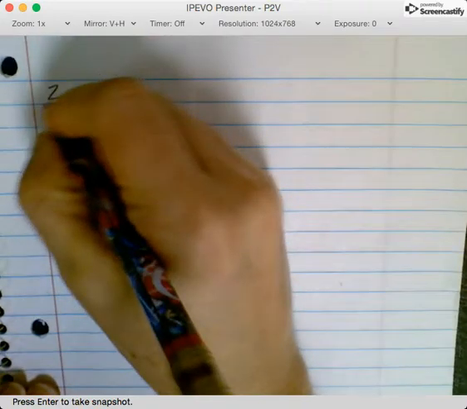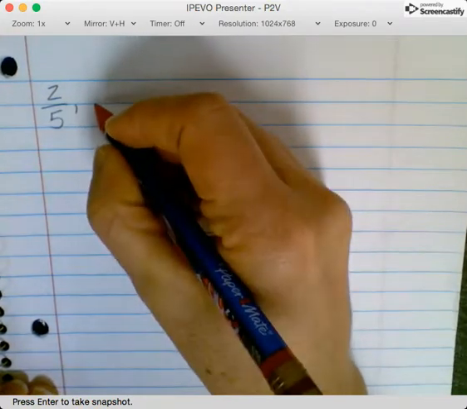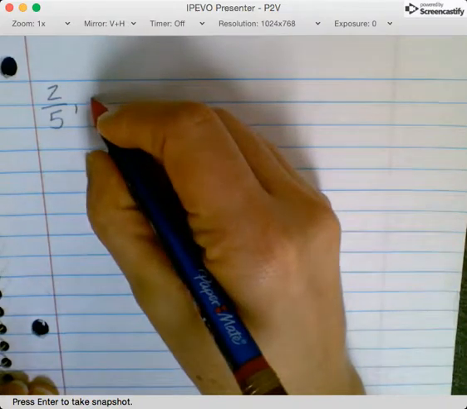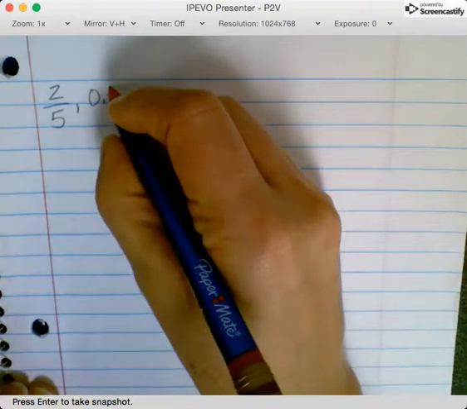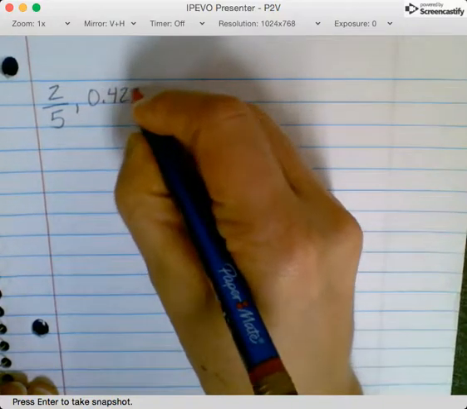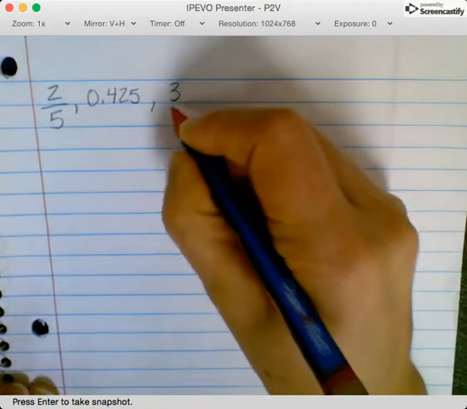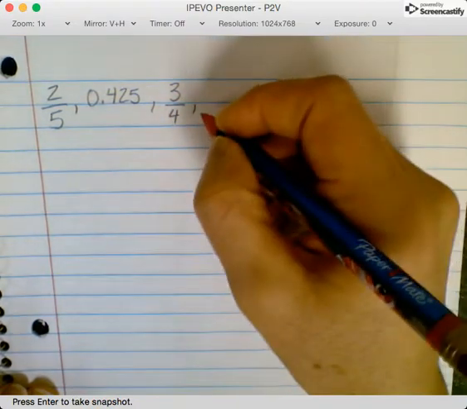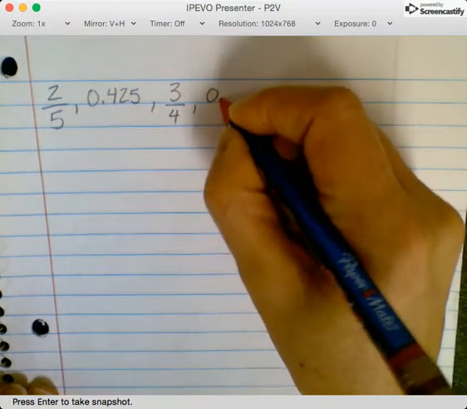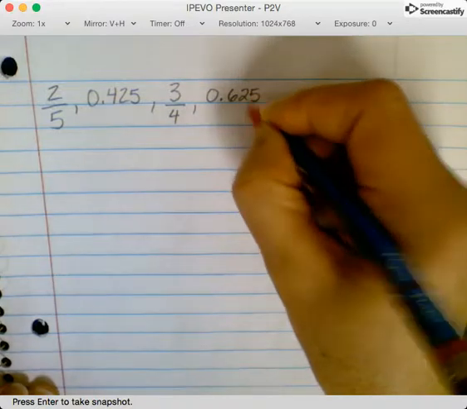For example, if I were given this list of fractions and decimals, so 2/5, 425 thousandths, 3/4, and 625 thousandths.